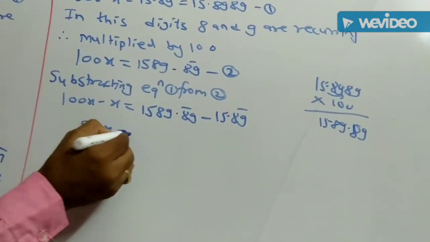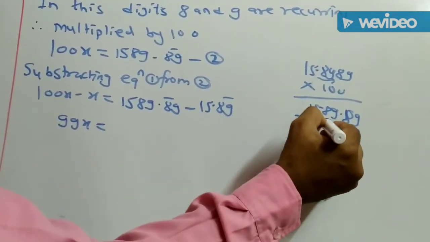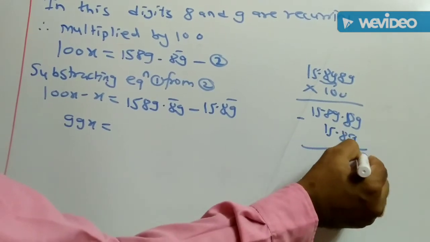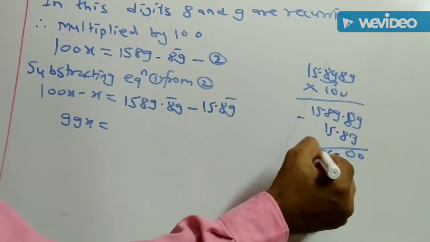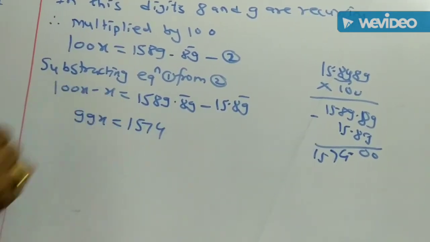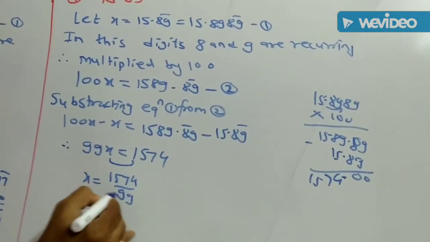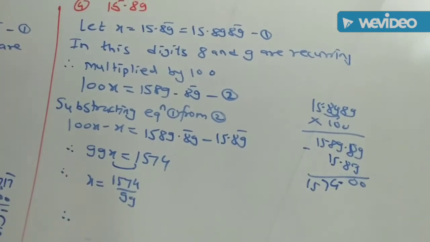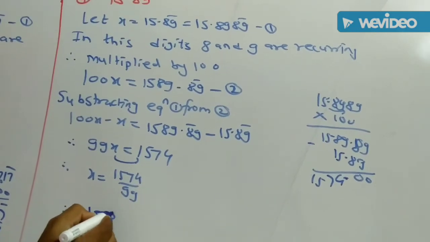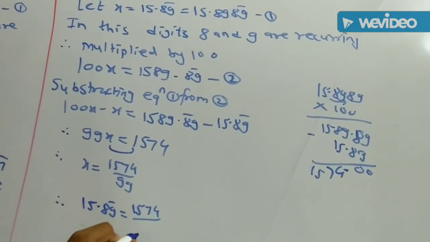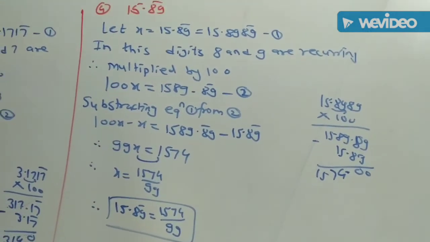Now subtraction of this, 1589.89 minus 15.89: 89 minus 89 is 0, 9 minus 5 is 4, 8 minus 1 is 7, that is 1574. To find the value of x, multiplied 99 gets converted to division, and therefore x is equal to 1574 upon 99, but x means 15.89 bar, therefore 1574 upon 99 is the p upon q form of 15.89 bar.